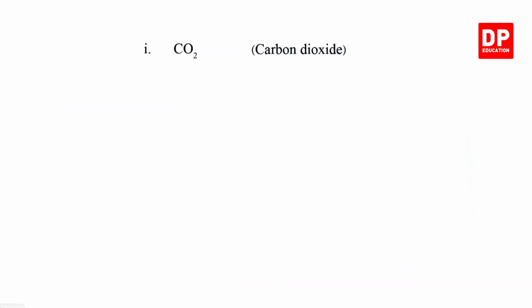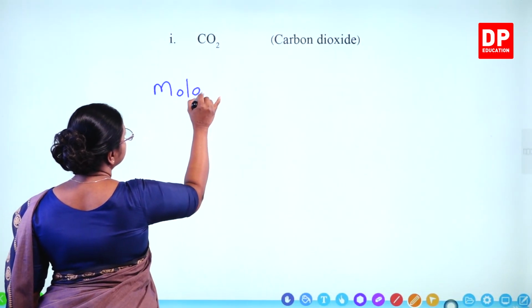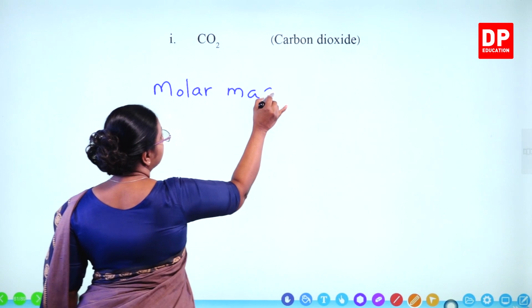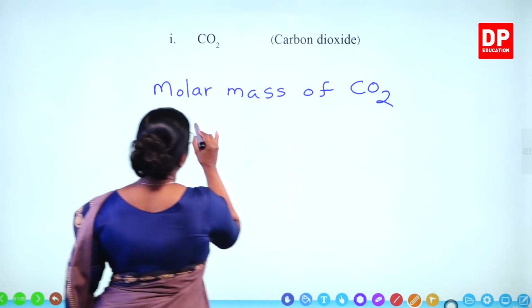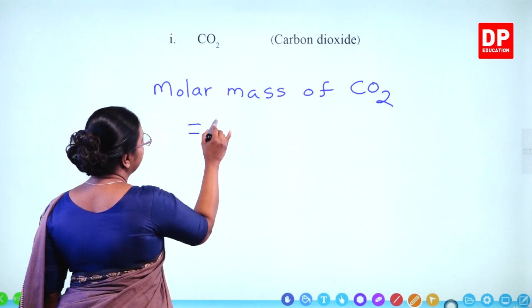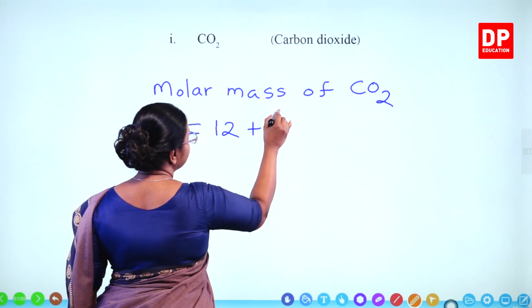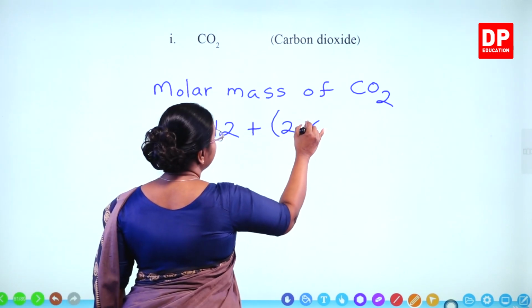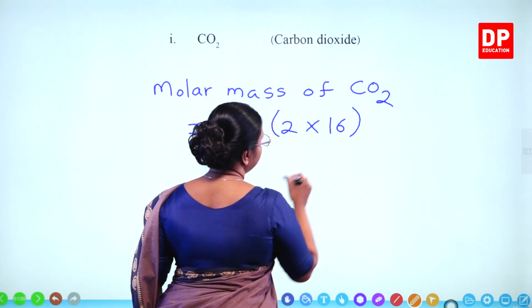So then the first one, carbon dioxide. So here, molar mass of CO2. What do we do here? Again carbon, relative atomic mass 12, plus there are 2 oxygens and the relative atomic mass of oxygen is 16.